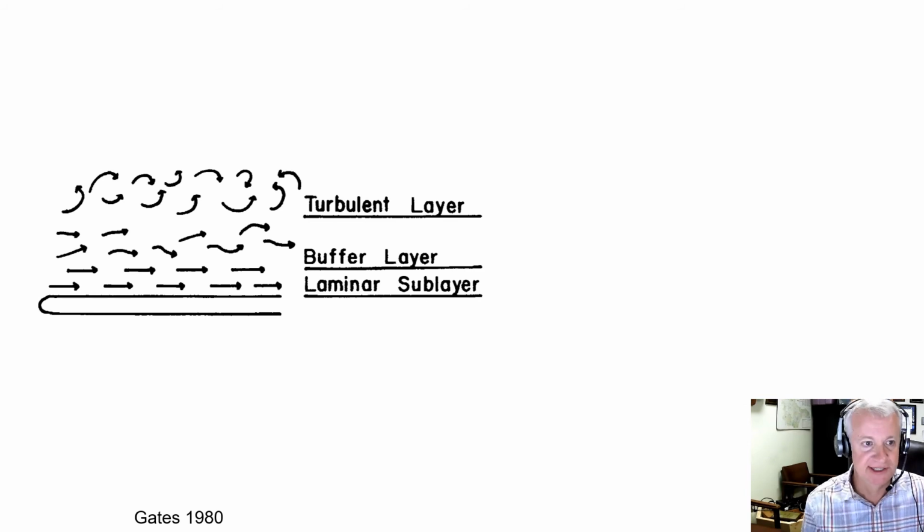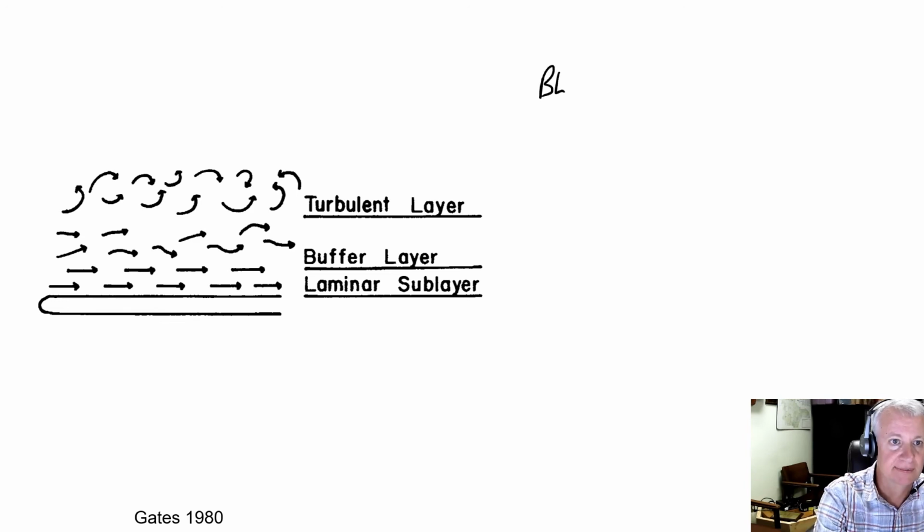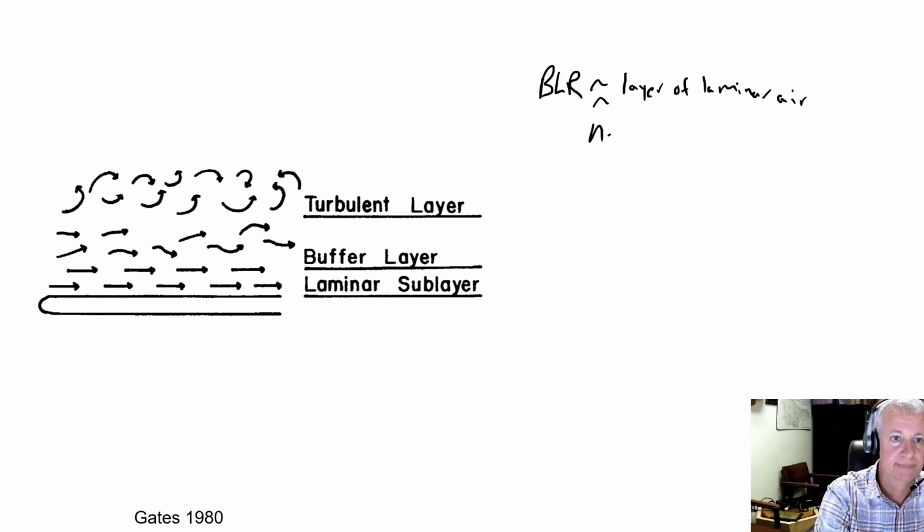Boundary layer resistance is associated with a layer of laminar air near the leaf surface.